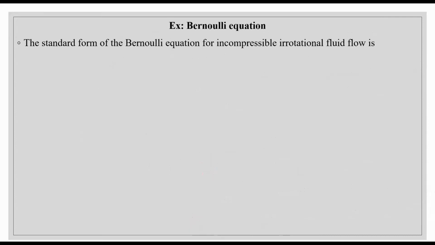Now we will look at another example, Bernoulli's equation. As you know, the standard form of Bernoulli's equation is P plus half rho V square plus rho g z is equal to some constant.